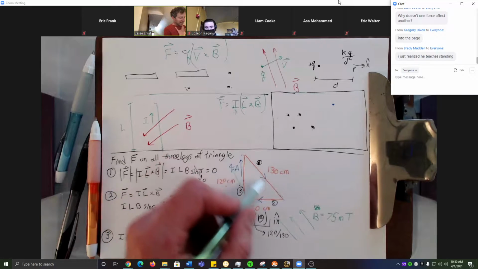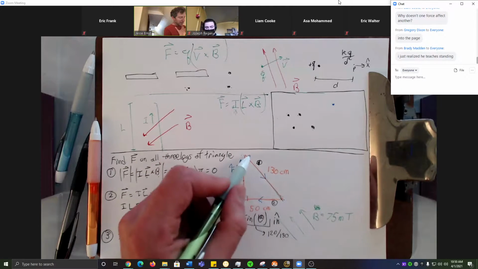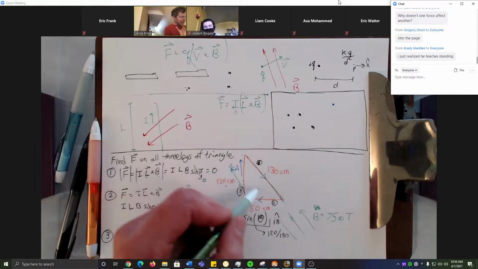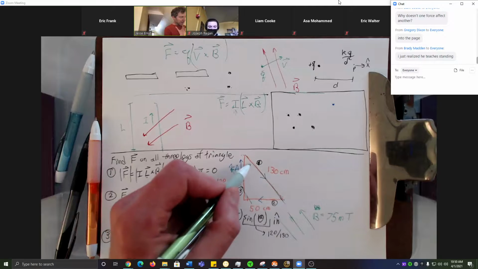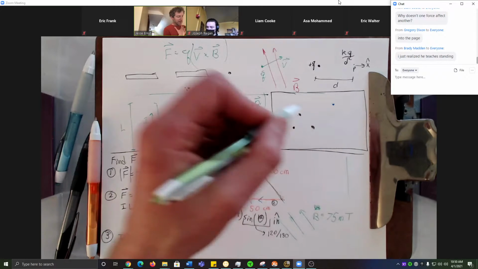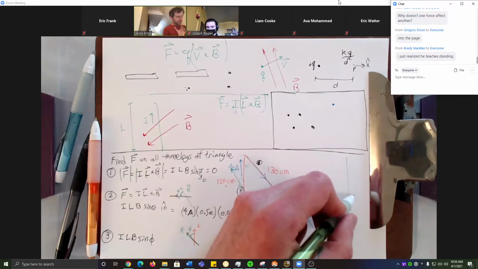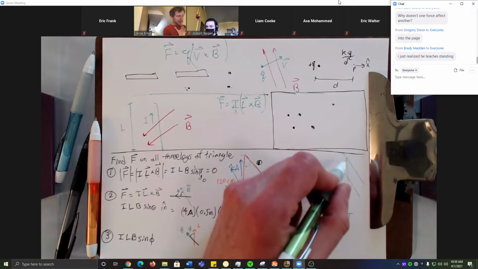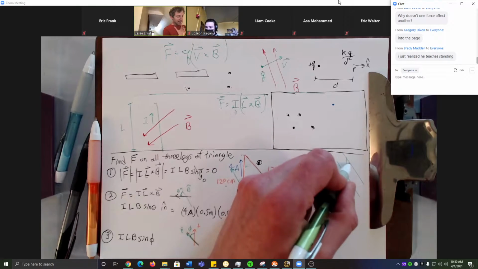Because if you have two parallel lines, this angle is the same as that angle.